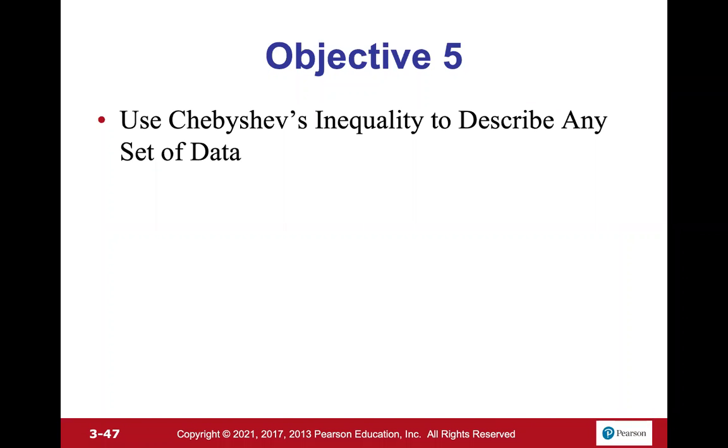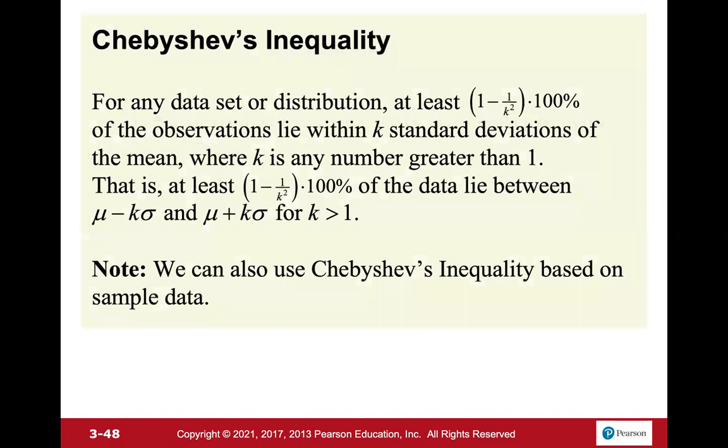But now we have Chebyshev's theorem or Chebyshev's inequality to describe any data set. And we use Chebyshev's theorem whenever our data is not normally distributed. So if it's not roughly bell-shaped, we would use this.